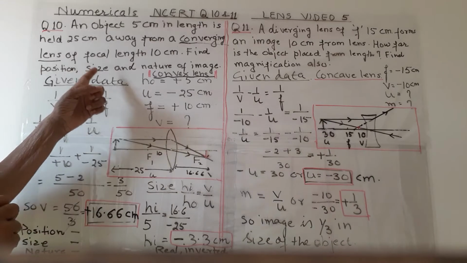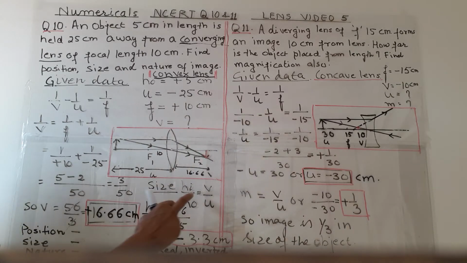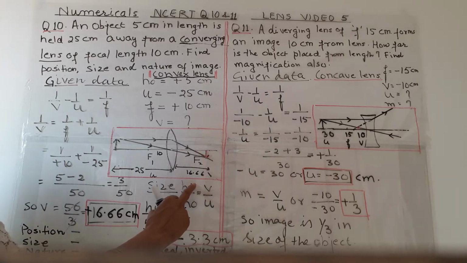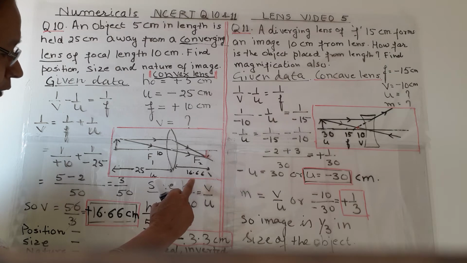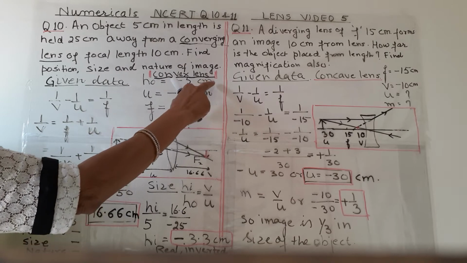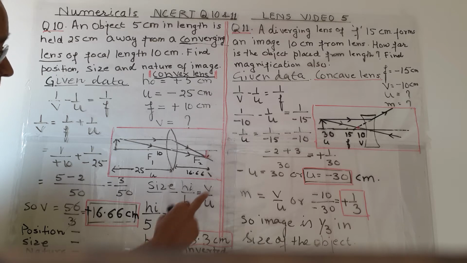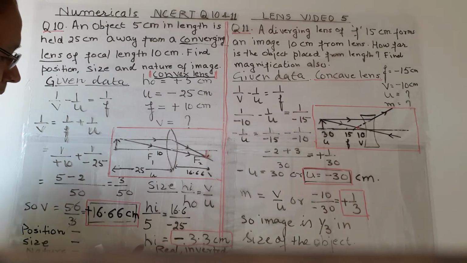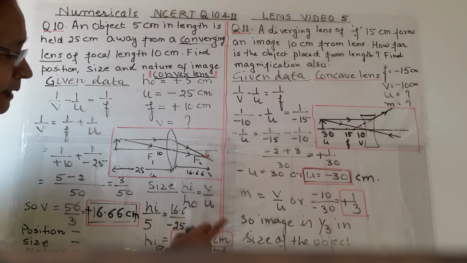Now we have to calculate size and nature of the image. Size of the image, we have the formula HI upon HO is equal to V upon U. This is the height of the image, this is the height of the object. So HI we have to calculate, we know HO. HO is 5 centimeters, plus 5 centimeters. So HI upon 5 will be 16.6 V and minus 25 U. When we calculate this, the height of the image will be minus 3.3 centimeters.